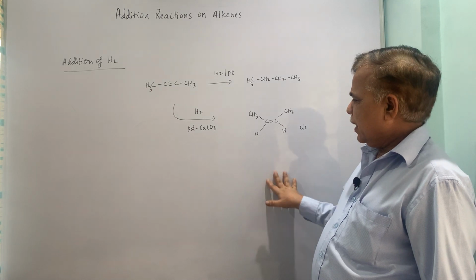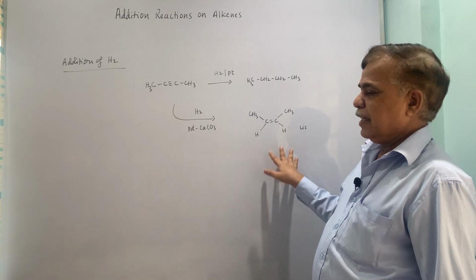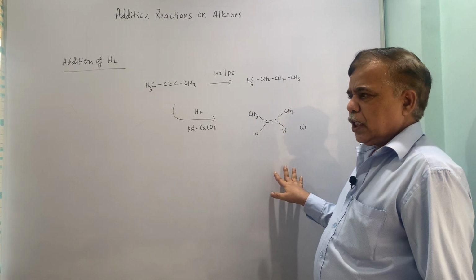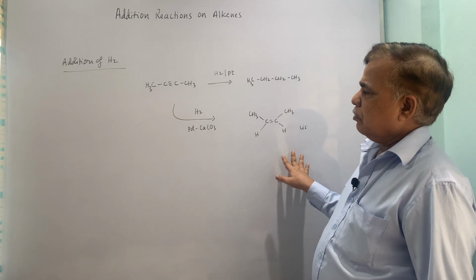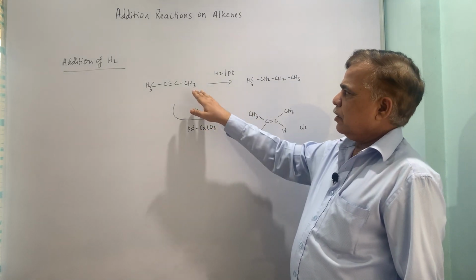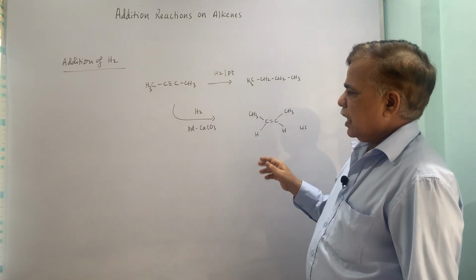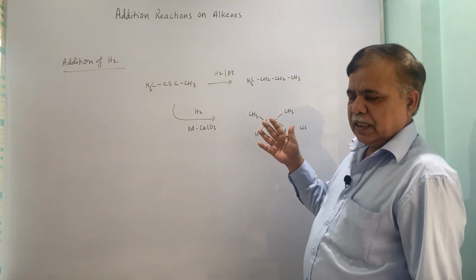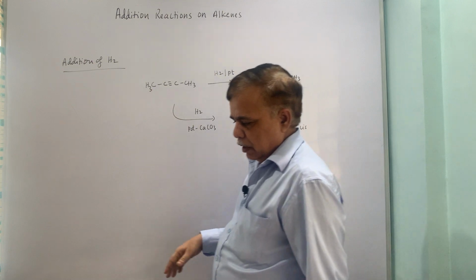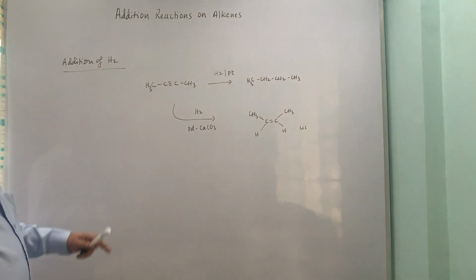If I add osmium tetroxide or any other reagent to this, I will get optically active compounds. So that is the importance of this kind of selectivity. So this is a general reaction, this is a specific reaction. The other reactions are also there, but we will see them once the appropriate time comes for the examples.